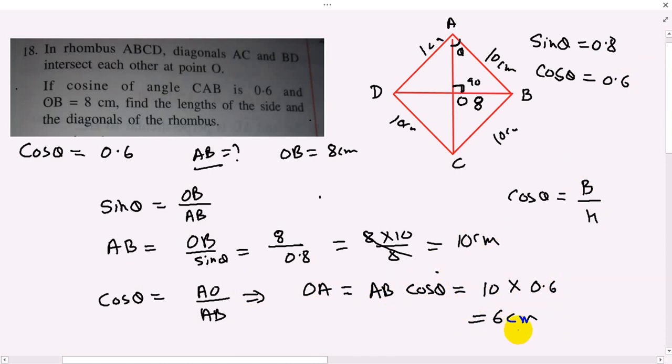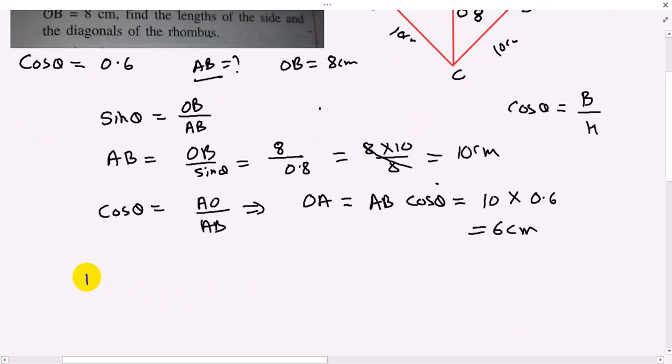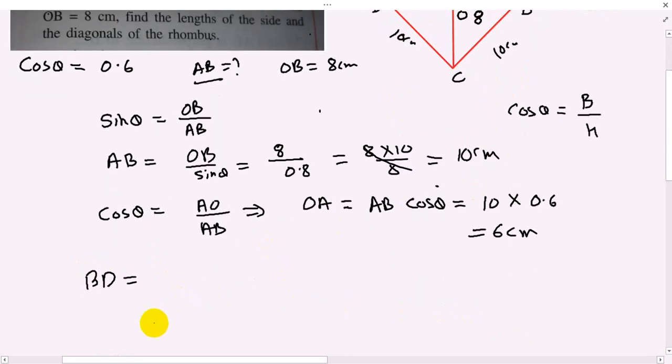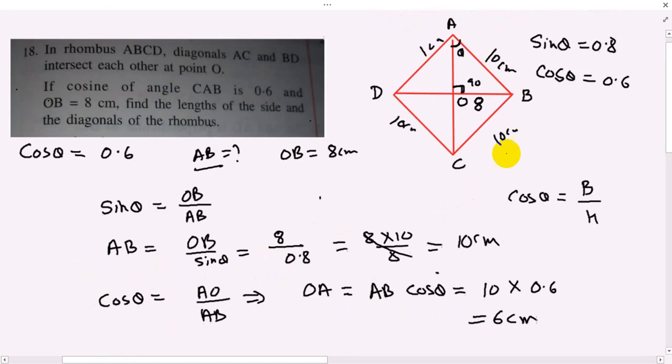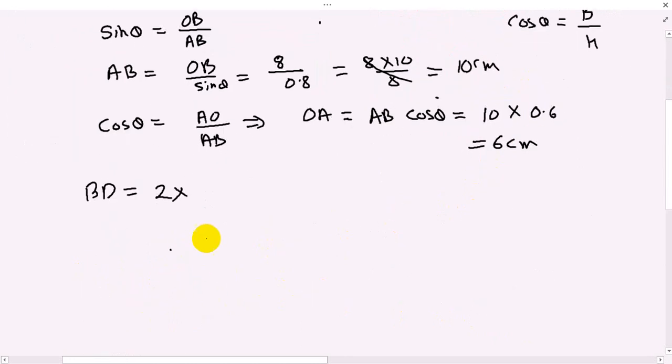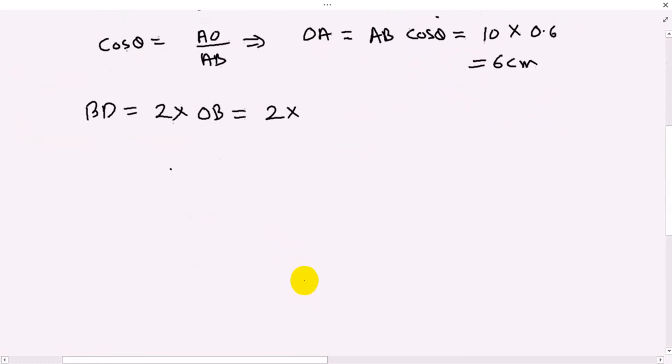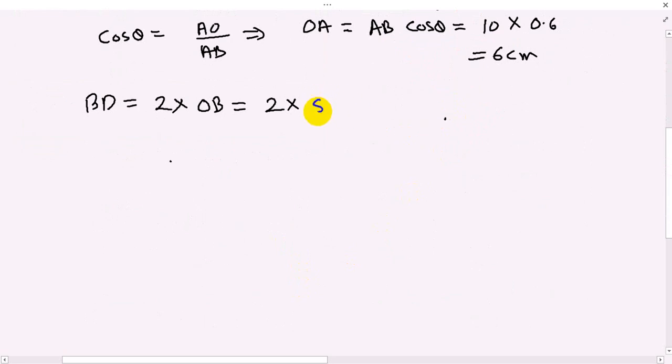We have already found the side, and now BD is equal to 2 into OB. So 2 into OB, which is given as 8 centimeter, gives 16 centimeter.